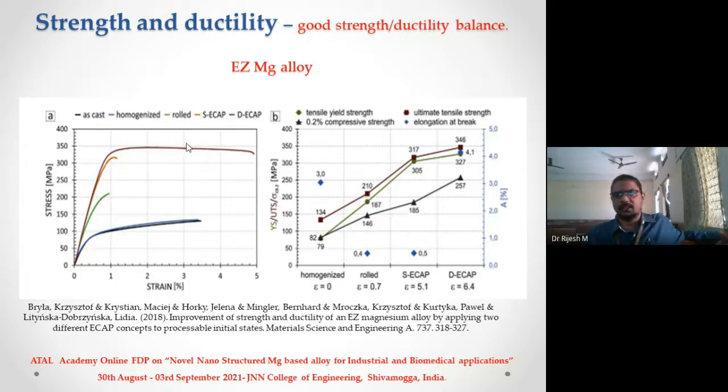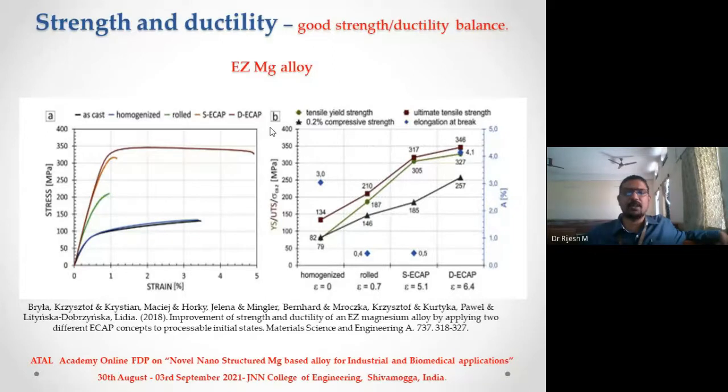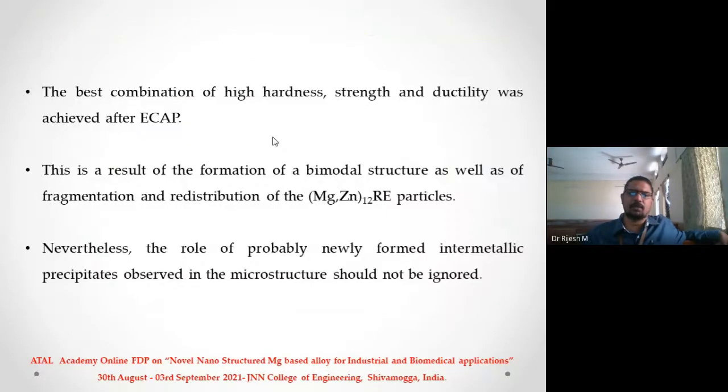This is reported in magnesium alloys. When you go for an ECAP process, you are retaining that strength and ductility. But otherwise, generally people feel that as the grain size reduces, the strength increases and ductility comes down. No, for a certain amount of strain, we are getting a good combination of strength and ductility. That's very important in structural alloys.